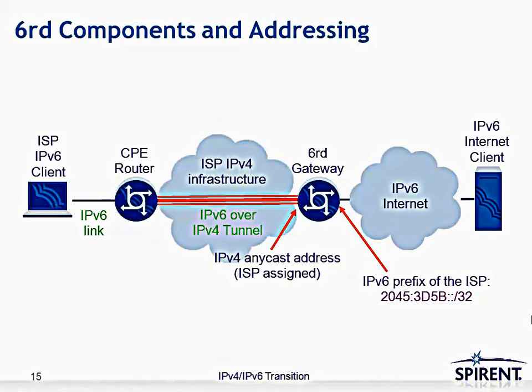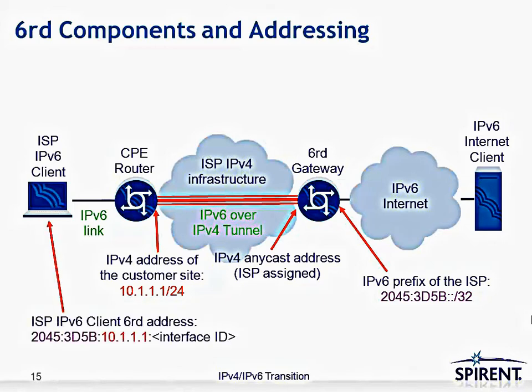The ISP's IPv6 clients can use the IPv6 prefix of the ISP, and then the 6RD gateway can just announce a different subnet for each client. The IPv4 address of the CPE router is assigned as the IPv4 address of the customer site, and of course will become the 6RD tunnel endpoint.